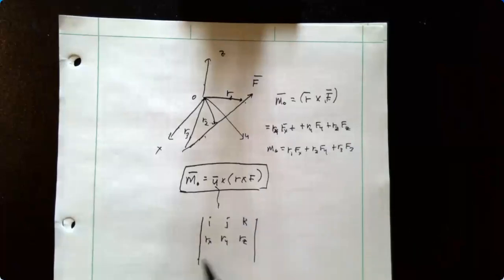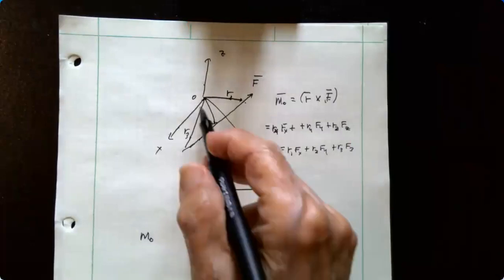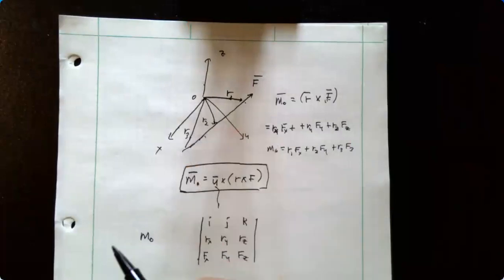The third row is the three components of that Cartesian vector, f sub x, f sub y, and f sub z. So this is the moment about some point, in this case the origin, in general, is r cross f. So it's vectors.